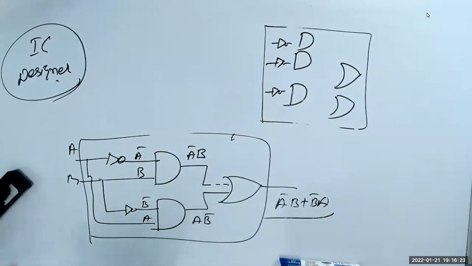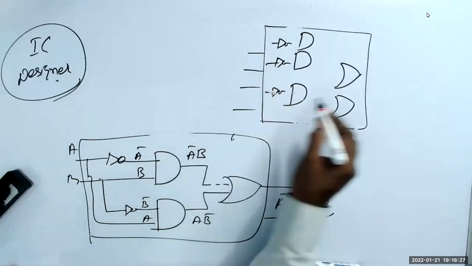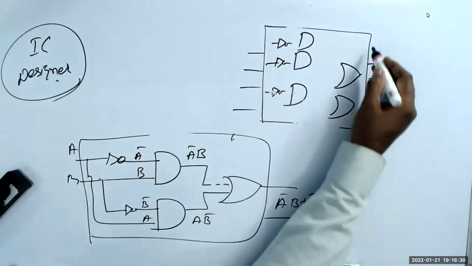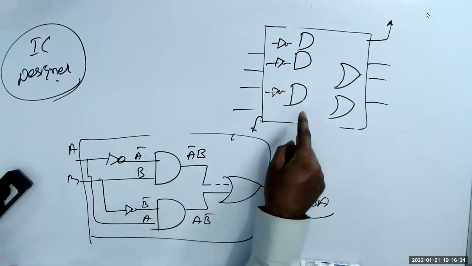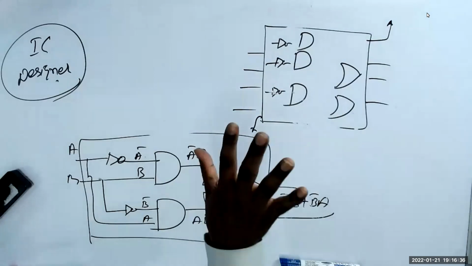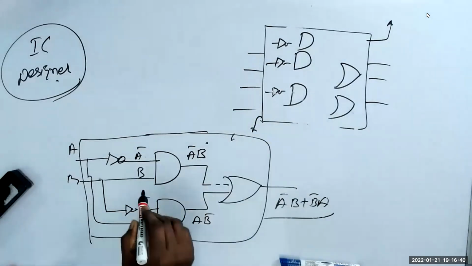These gates will not be connected. And there are pins for power supply and ground. So please understand, they make the IC and the gates are not connected internally. Now you draw the circuit on software.